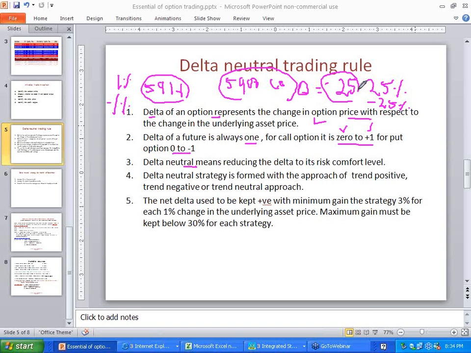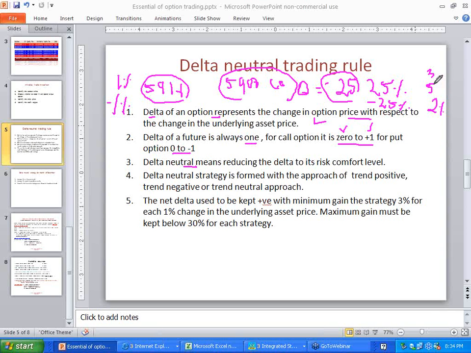So I will say, let me reduce this risk. Neutral doesn't mean 0. Neutral means you reduce this 25% risk to 5%, 3%, 2%. This is based on your requirement, not any other person's requirement.